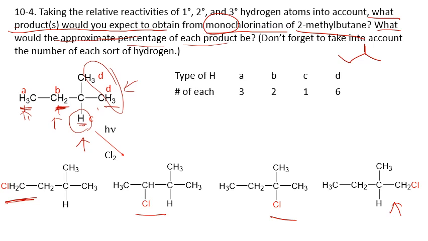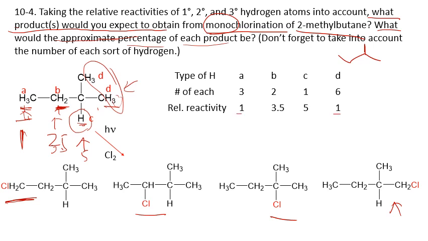In the textbook, we have a chart right before this question, and it says if primary reactivity is number 1, then secondary is more reactive, so it should be 3.5, and tertiary is 5. That's the relative reactivity. And D is also primary, so it's also 1.